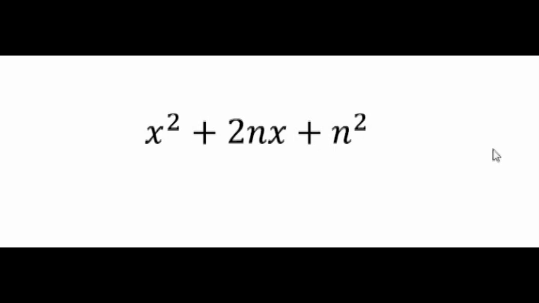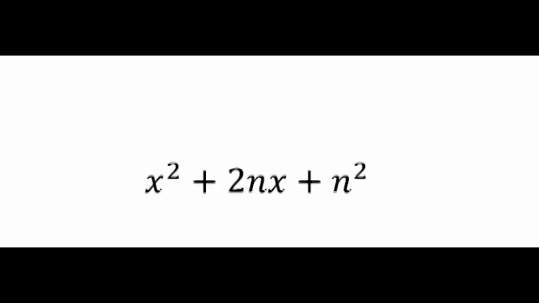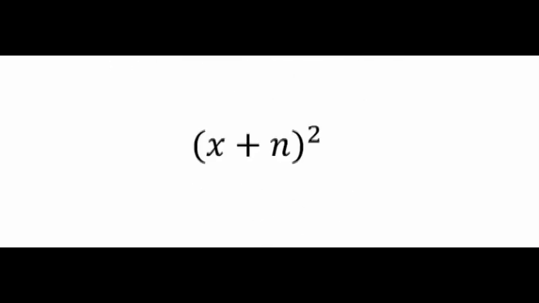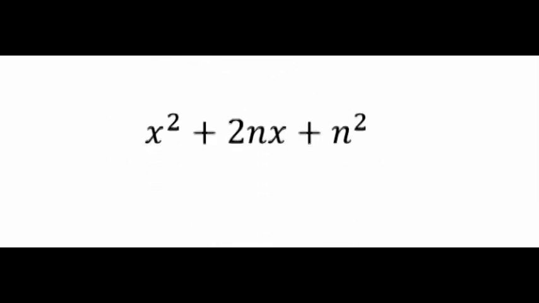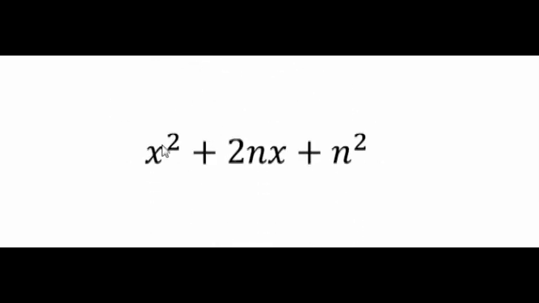Okay? So the one thing that you want to notice here is that if you want to have a perfect square, where you have something multiplied by itself, x plus n squared, you have to have it in the form of this, where you have a 1 for the x squared term, something for the x term, and then something else for the constant term.